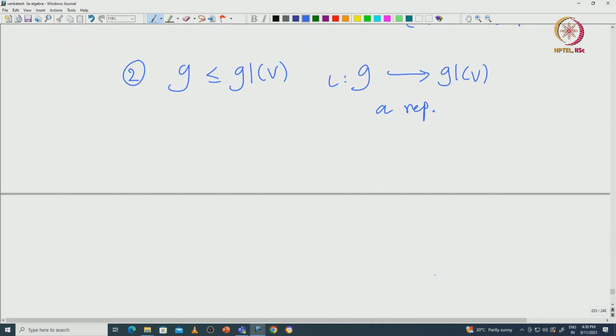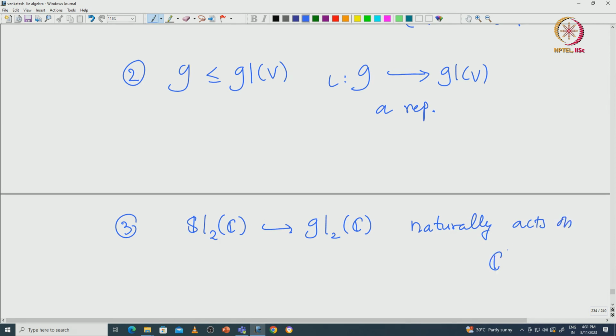For example, you can see that SL2(C), which sits inside GL2(C), naturally acts on C^2. So, this V is called the representation space on which the Lie algebra G is acting.